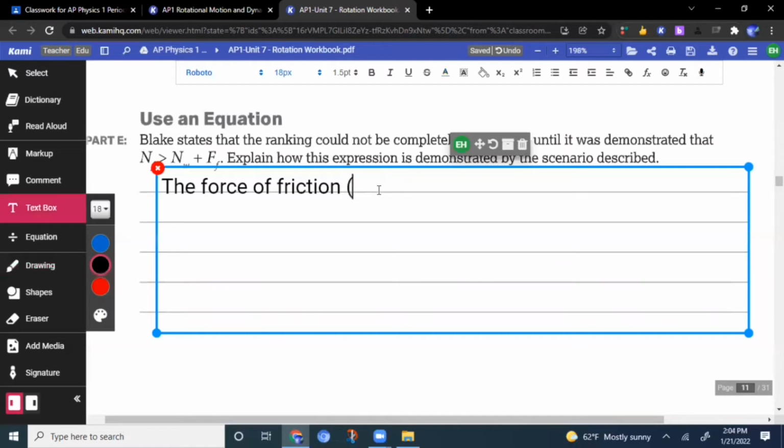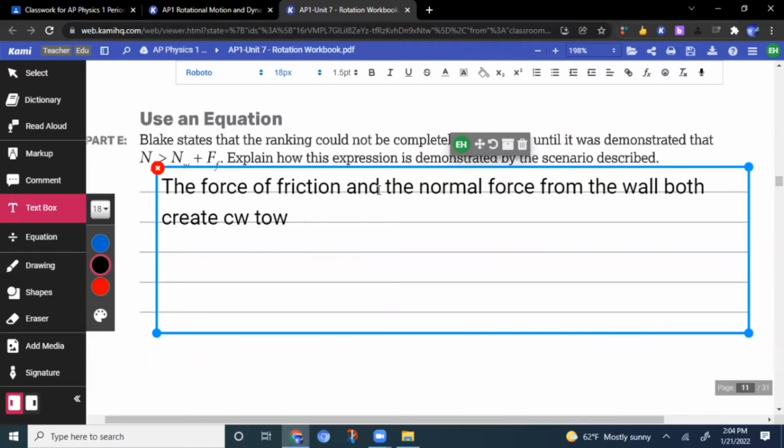The force of friction, we don't need to write F sub little f. Just say the force of friction. The force of friction and the normal force from the wall both create clockwise torques.